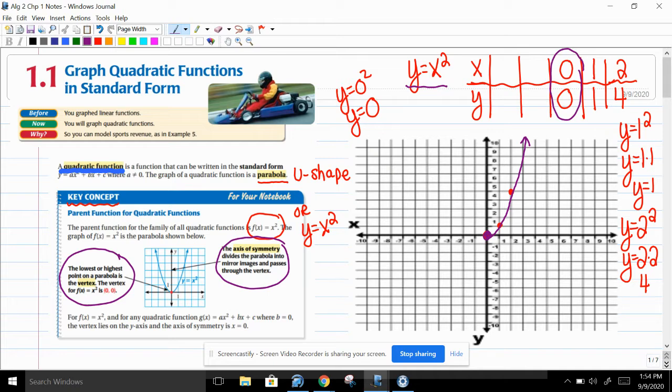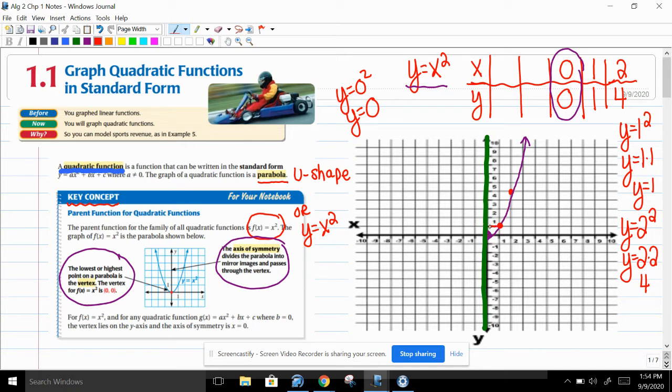The axis of symmetry is going to go through the vertex, right down there. So that is what's dividing this parabola into two separate pieces. What that means, guys, is that this point over here is going to have a mirror image on the other side.